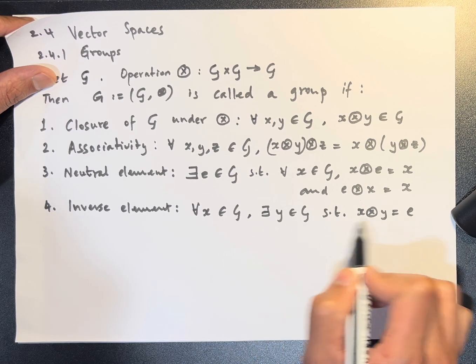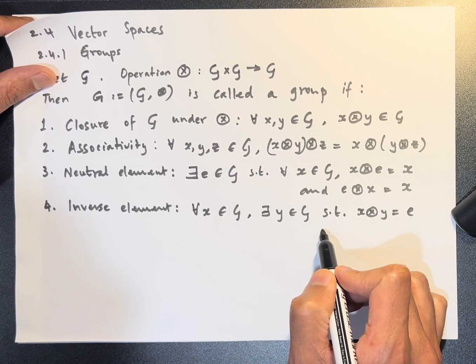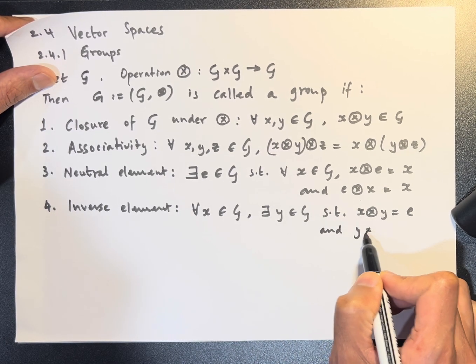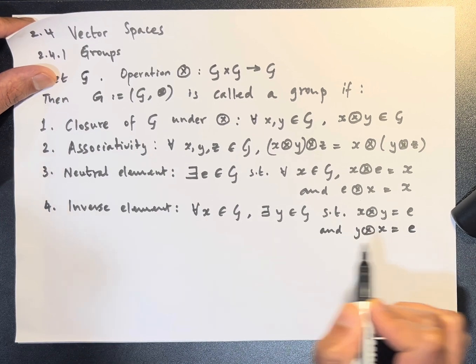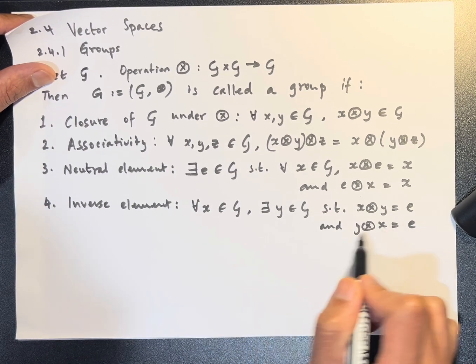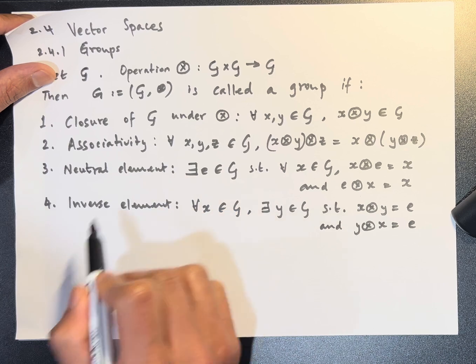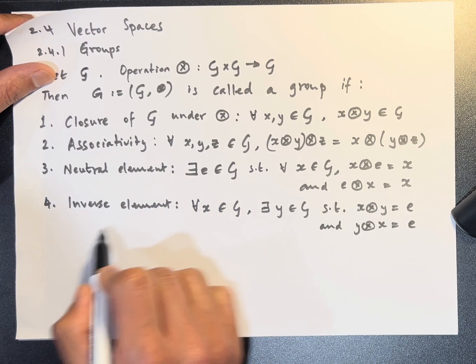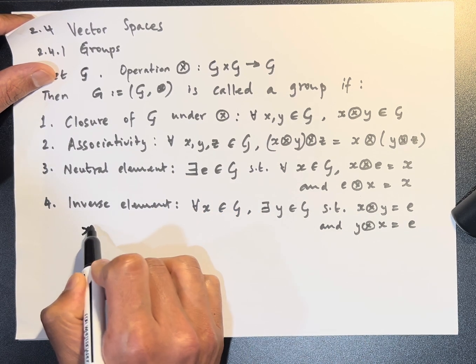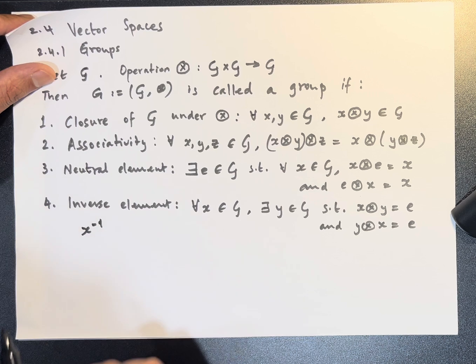So x operated with y, or y operated with x, is also equal to E. This inverse is denoted as x inverse.